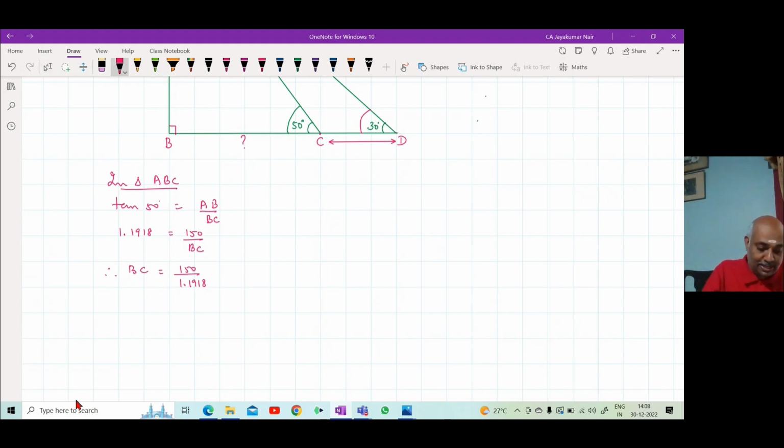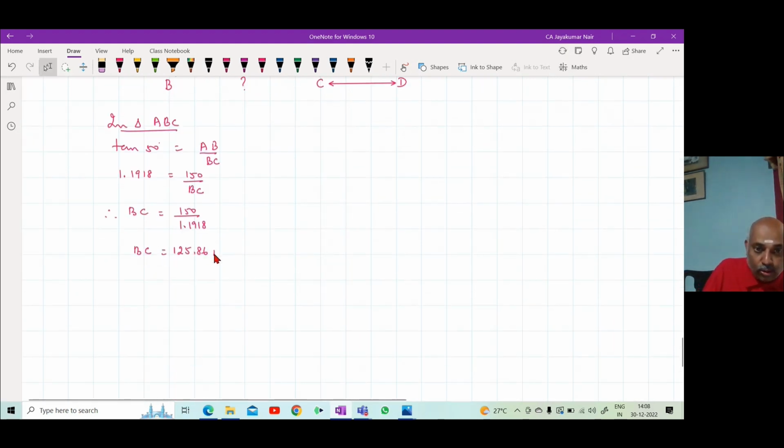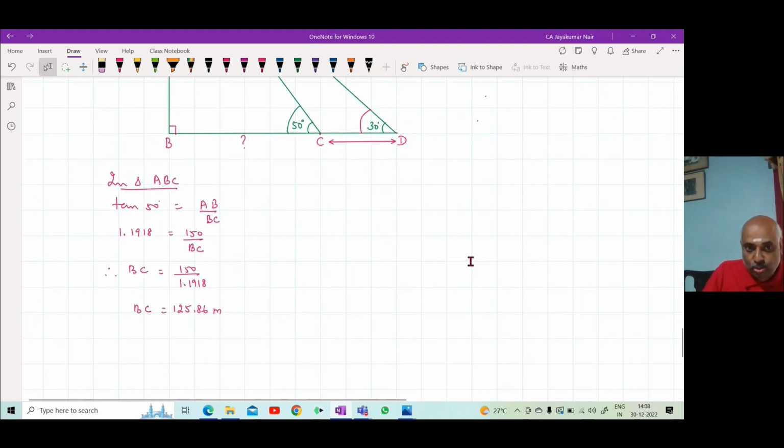If you divide 150 by 1.1918, you get 125.86 meters, because the other one is given in meters. Because it's division, you have to divide by 1.19. So I have calculated it.